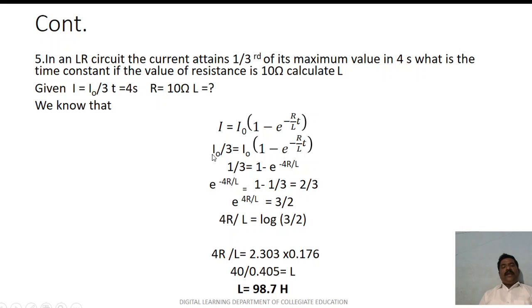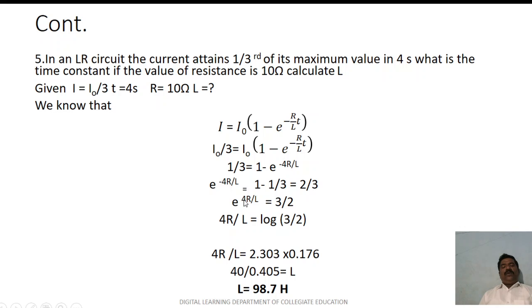So I naught cancels, and 1 by 3 is equal to 1 minus e raised to the power of minus 4R divided by L. Shifting terms, e to the power of minus 4R by L is equal to 1 minus 1 by 3, which is equal to 2 by 3.